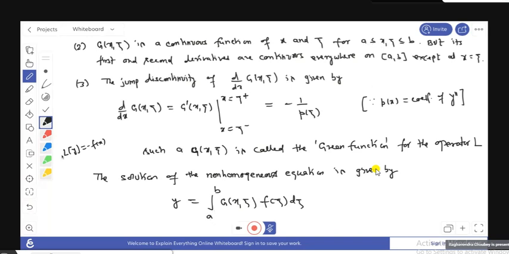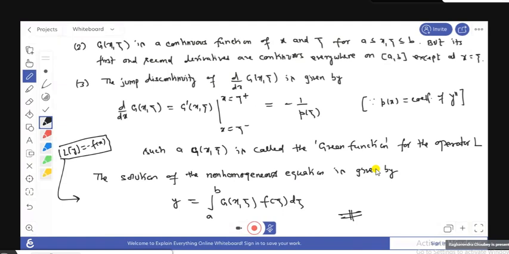So the general solution of this non-homogeneous differential equation is given by this formula. This is the basic definition and theory of the Green function.